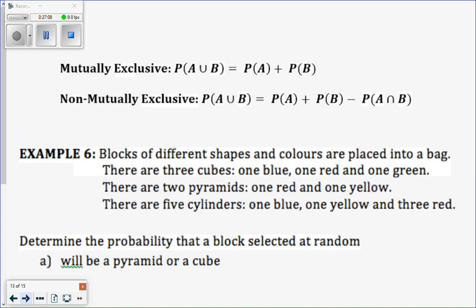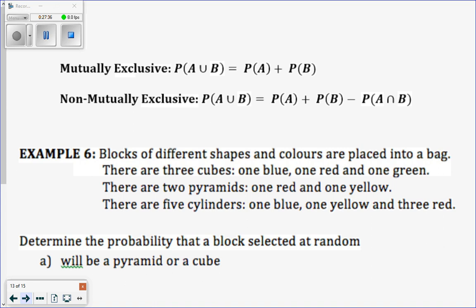Okay. So blocks of different shapes and colors are placed into a bag. Now we're going to assume you reach into that bag and every outcome is equally likely, right? You're not going to feel around trying to find the this or the that, or the green feels the same as the blue, right? Like they're all equally likely. There's 3 cubes, 1 blue, 1 red, 1 green, 2 pyramids, 1 red, 1 yellow, and 5 cylinders, blue, yellow, and 3 red.